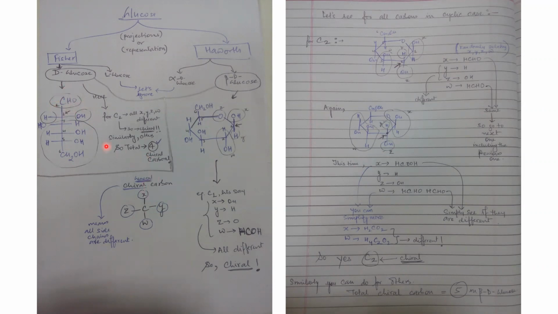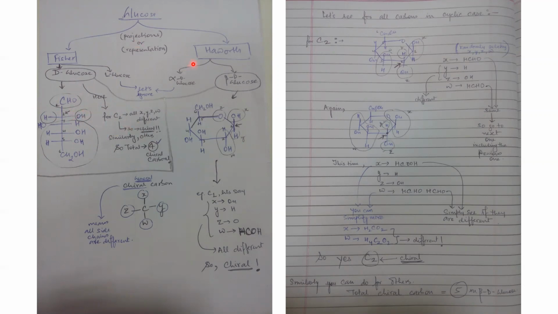Let's say this is X, this is Y, this is W, and this is Z. All these 4 groups are different from each other, and that's why the second carbon is a chiral carbon. So it's easy to calculate chirality for a carbon in a straight chain.